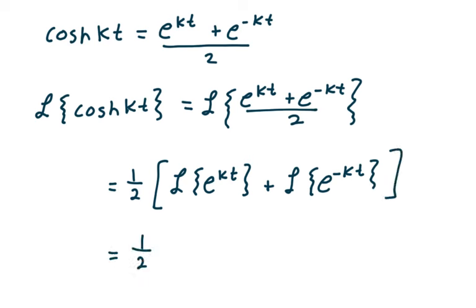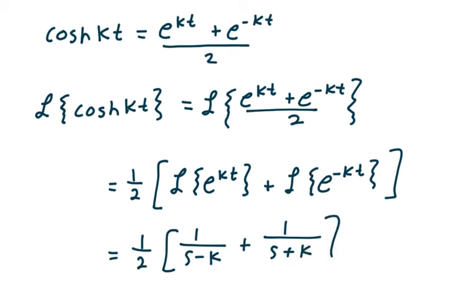So this is 1/2 of 1 over s minus k plus 1 over s plus k. So you might notice I'm applying those first 2 formulas that we derived over and over again.